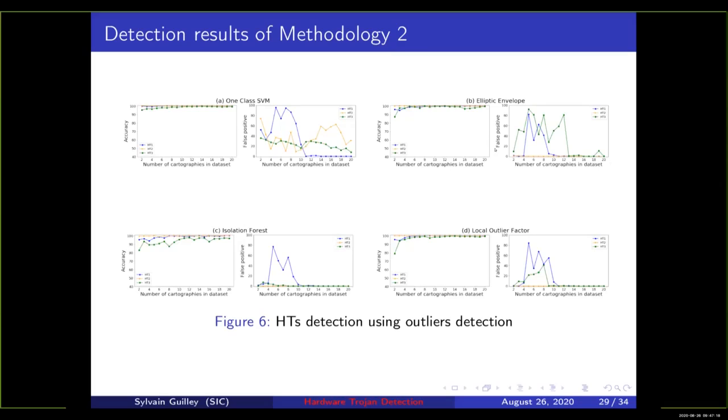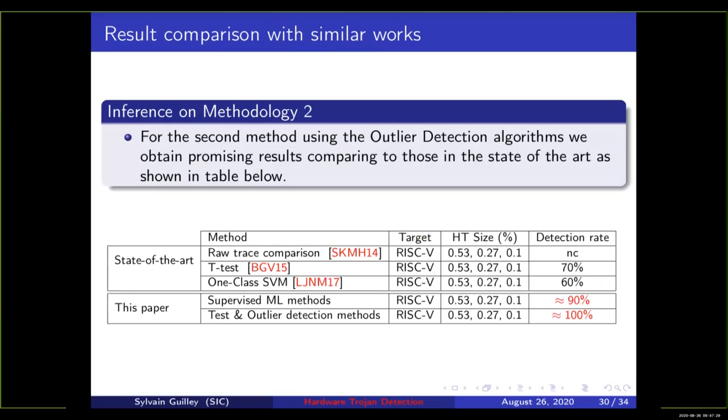So we reach the goal with elliptic envelope and with local outlier factor, as you can see here. And we are happy with this method, and we can now deploy it at the industrial scale. So just for comparison with the state of the art, you can see that we significantly improved actually. So we really wanted to have this 100% target, and so we got it.